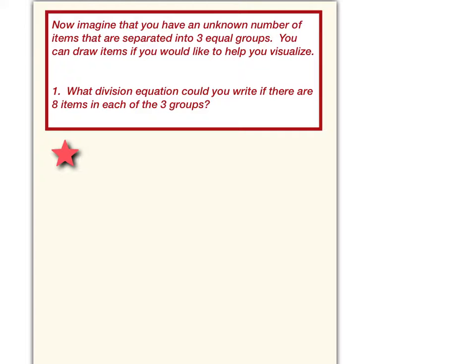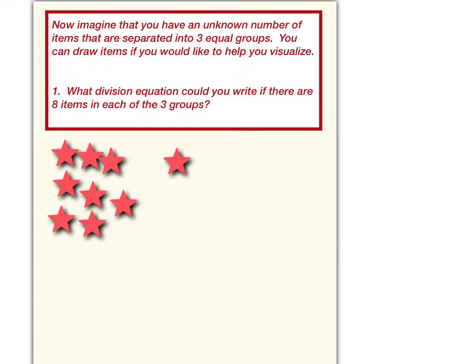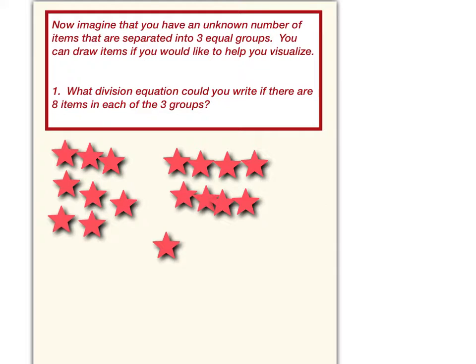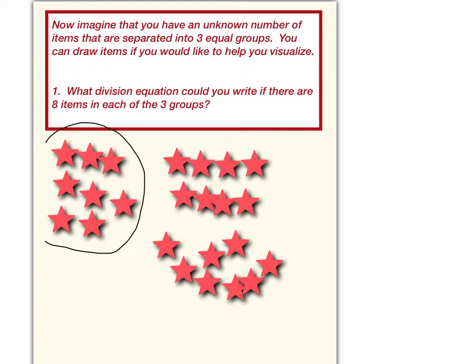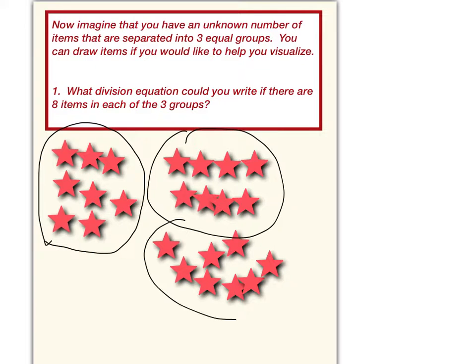Okay, let's do 1, 2, 3, 4, 5, 6, 7, 8, and 1, 2, 3, 4, 5, 6, 7, 8, and then 1, 2, 3, 4, 5, 6, 7, 8. Okay, so I have 3 groups, each one having 8 items in it.